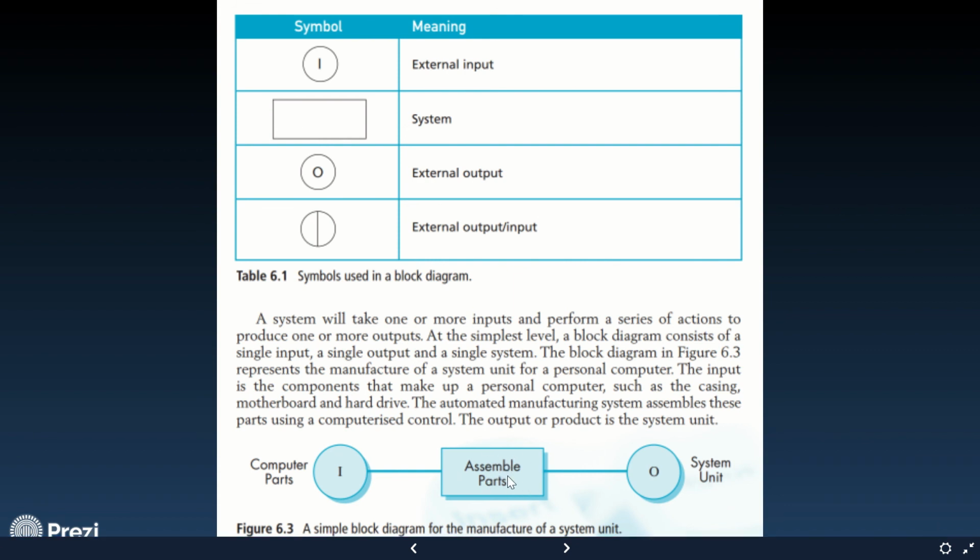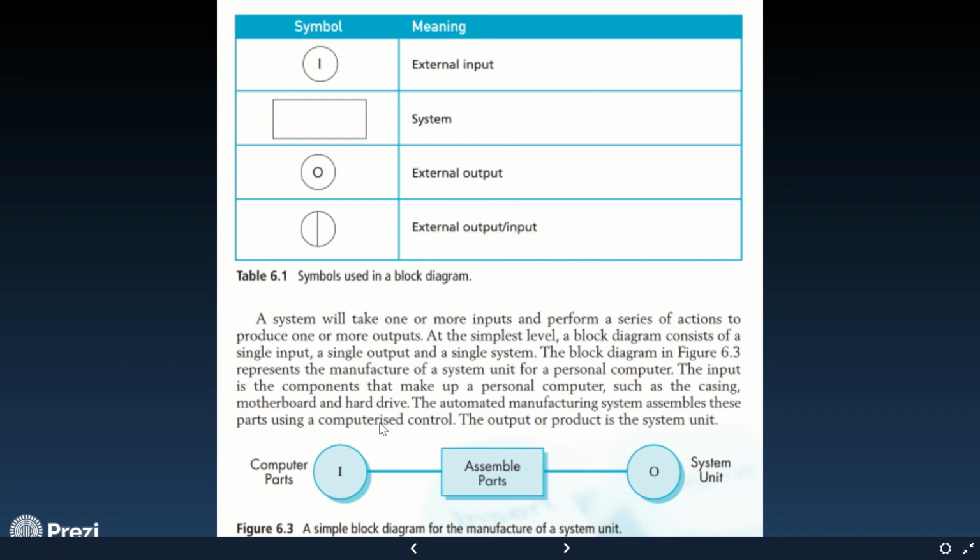And obviously O stands for output, and this is usually a component, but sometimes you'll have an input and an output like this one here as well. So you need to learn the symbols, and you need to learn what they do.